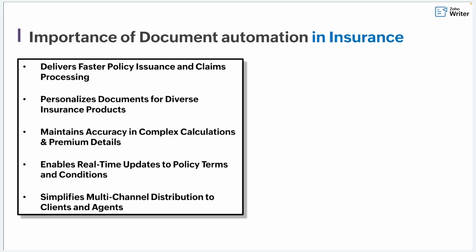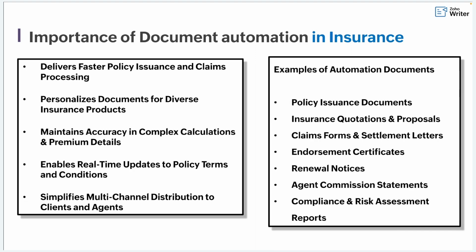Makes perfect sense. Faster, accurate, and more personalized. And when we talk about automation in insurance, we are not just speaking in theory. Think about policy issuance documents that are ready the moment a deal is closed, or quotations and proposals that can be generated in minutes instead of hours. Claim forms and settlement letters can go out automatically once the necessary approvals are in place.